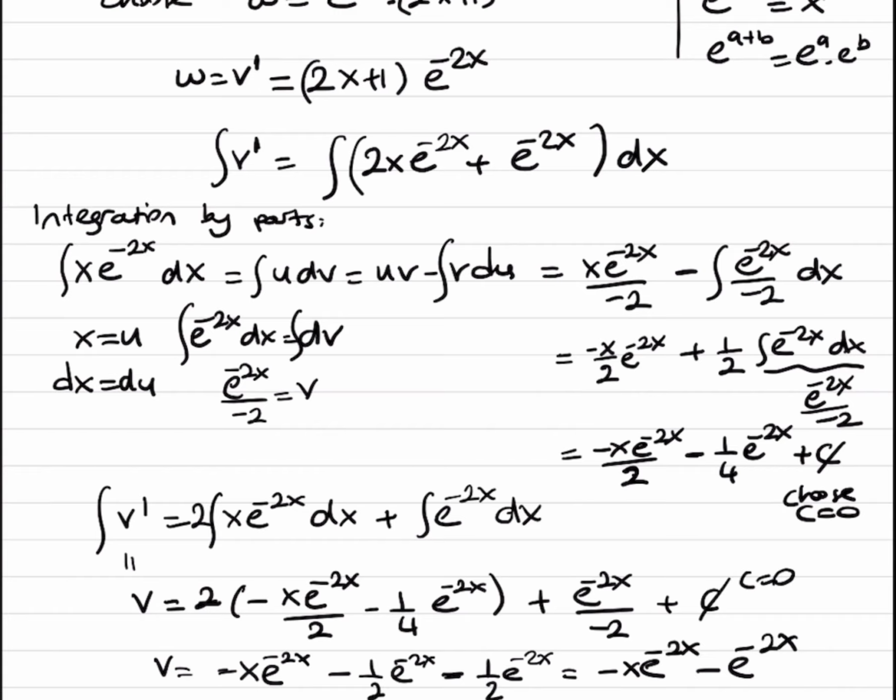So let me check, did I make it correct? Yes, great, it is correct. So v is equal to minus x e to the power minus 2x minus e to the power minus 2x. Then what is y2? y2 was y1 times v, and y1 is given as e to the power 2x.